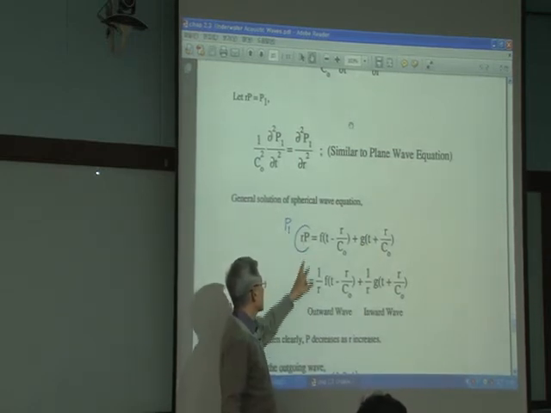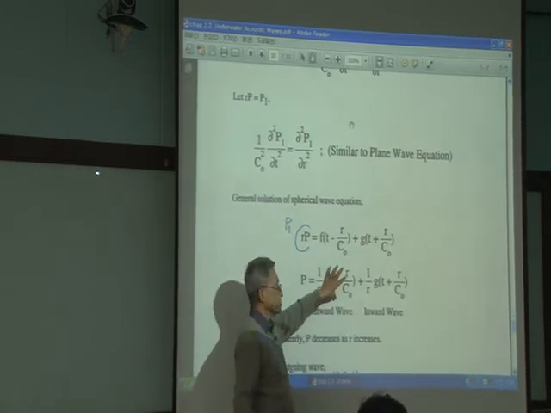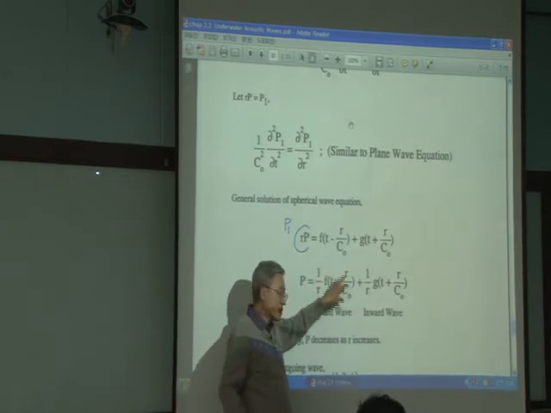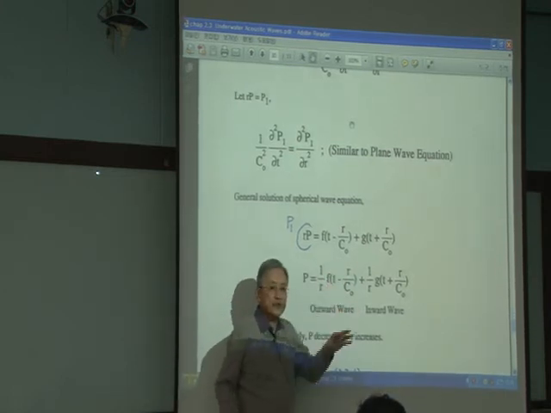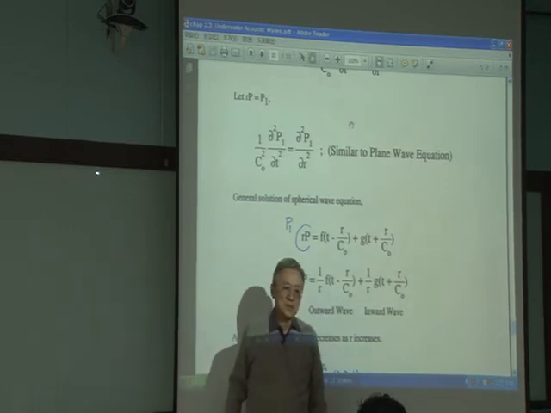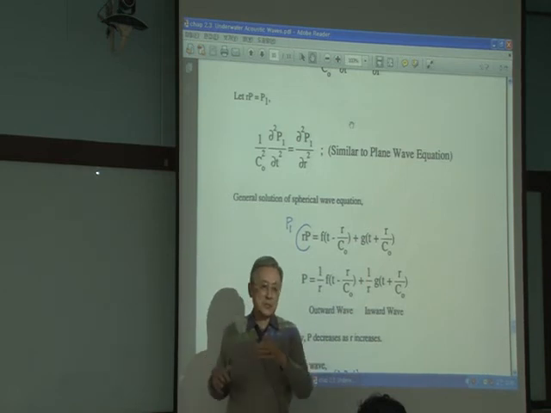So now R, I'm going to move to here. This propagation is in the radial direction, so the first term would be the outward traveling wave. Outward means still in the radial direction.